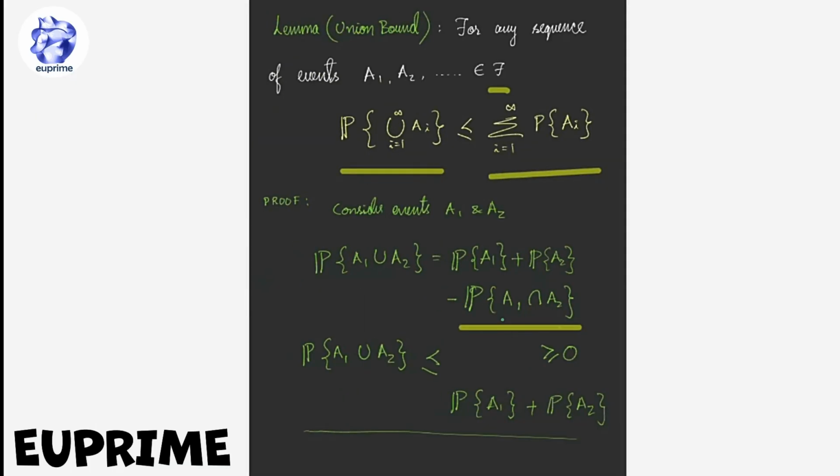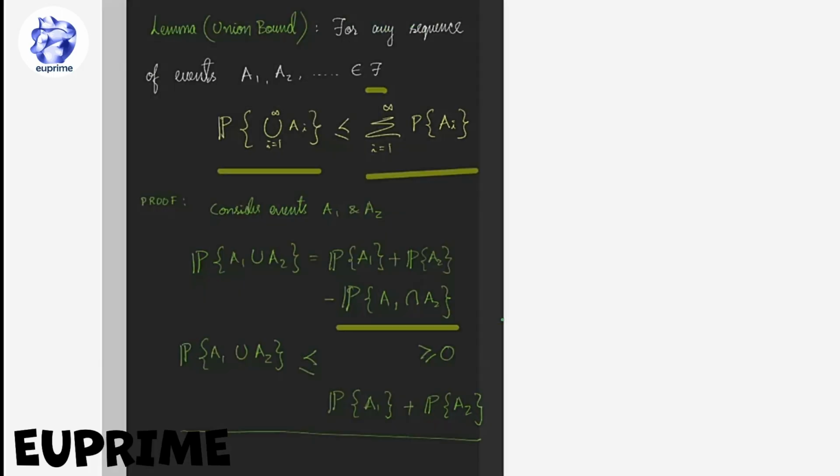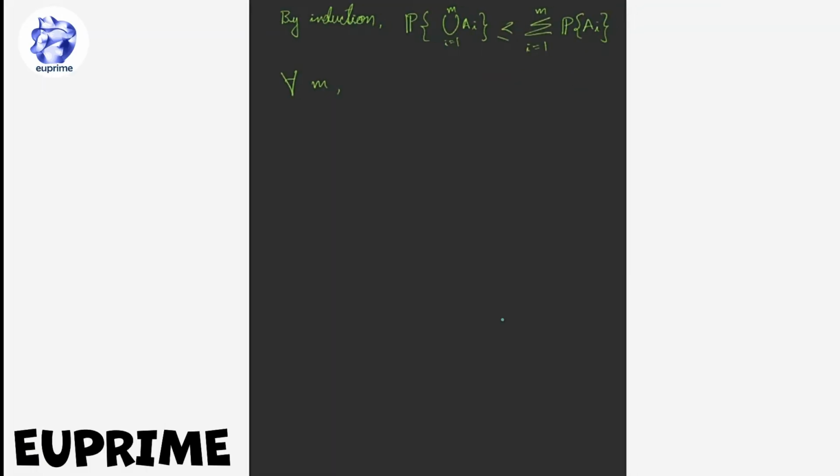Now by induction, the result that was valid for two sets or two events is valid for m events as well, for all m. Given this, you can take the limit.